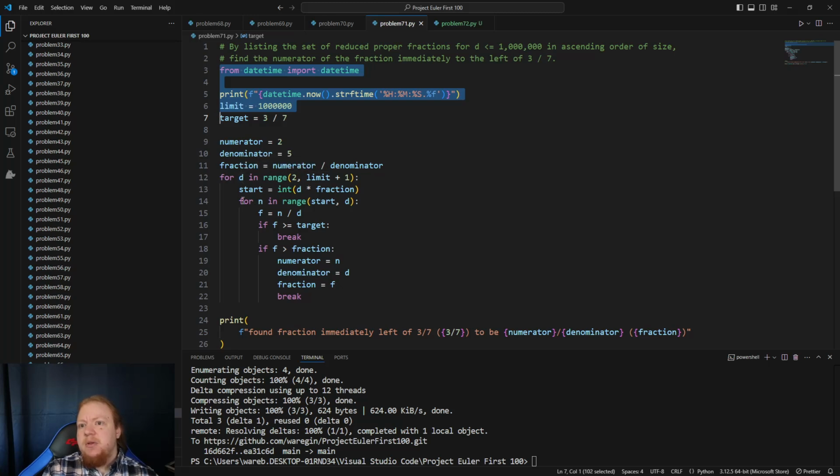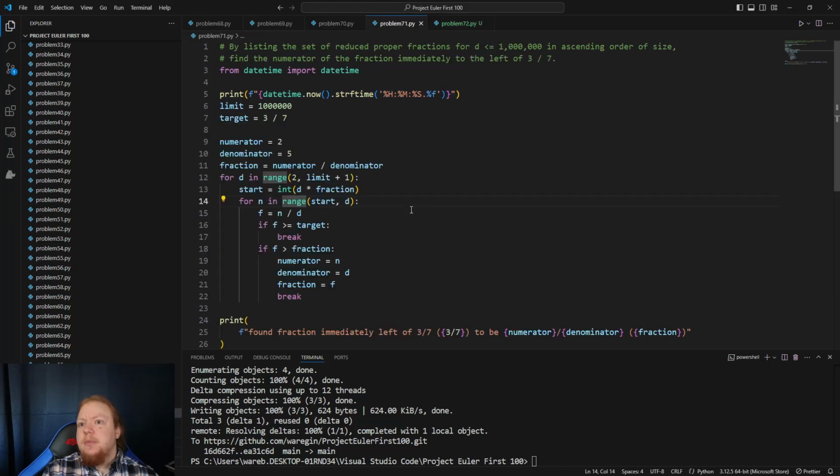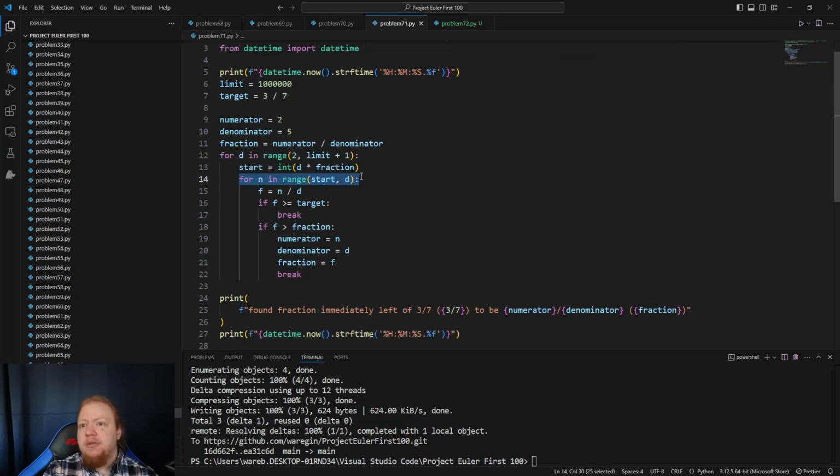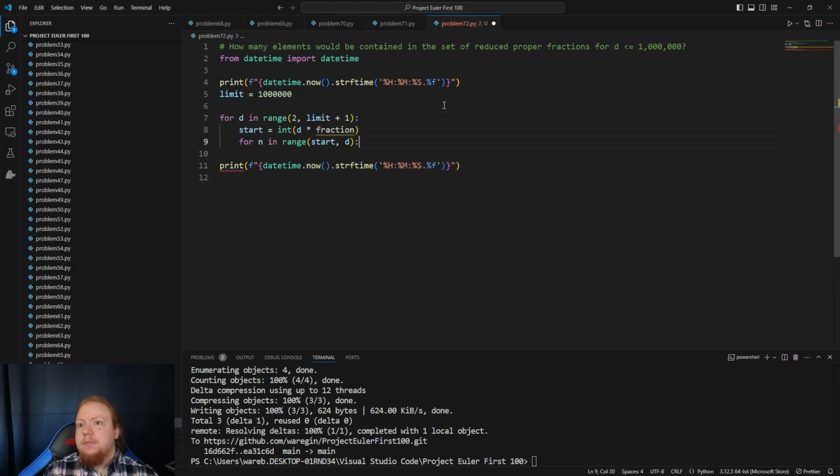What we did for the last one was pretty specific, so we're not going to be able to do quite exactly the same thing. But we are still going to want to do, I think, for d in range, and then for n in range. So I'm going to steal this bit. This is actually going to be 1.